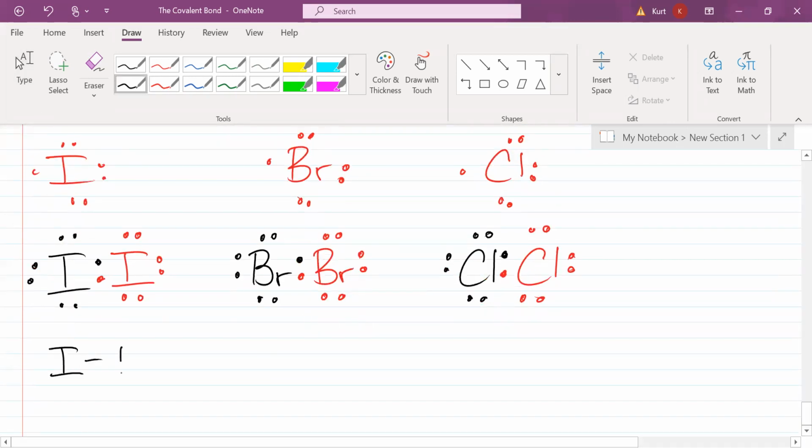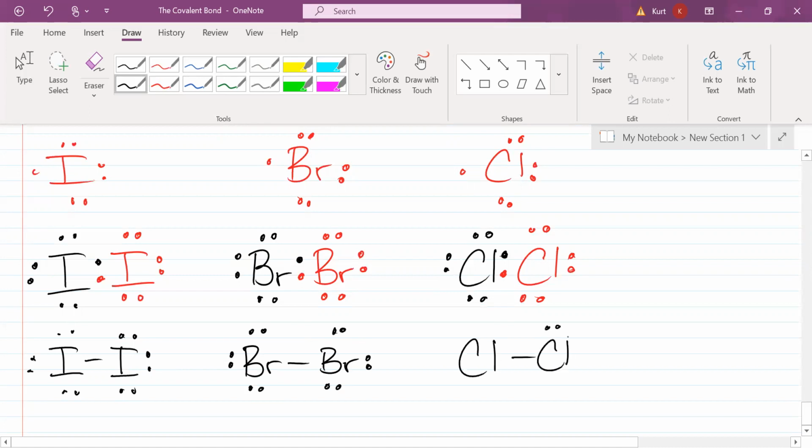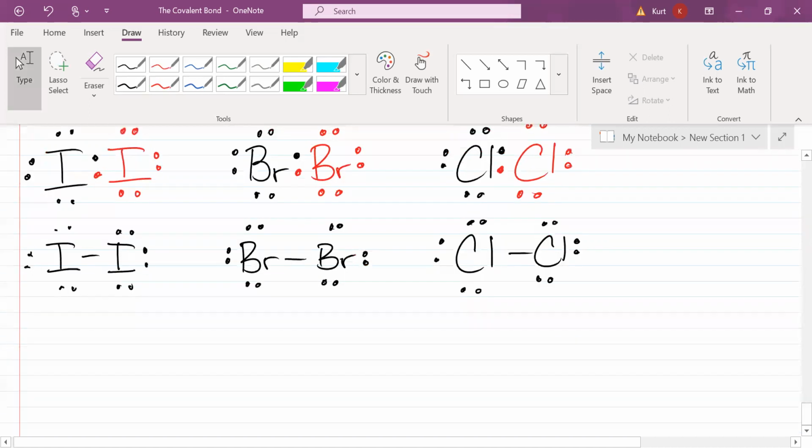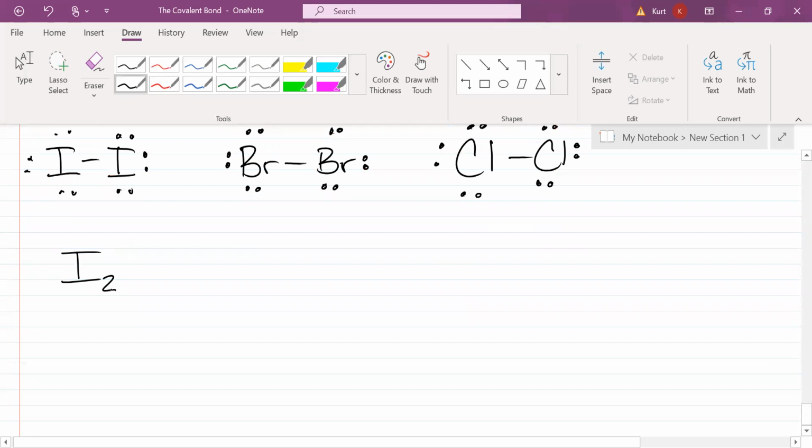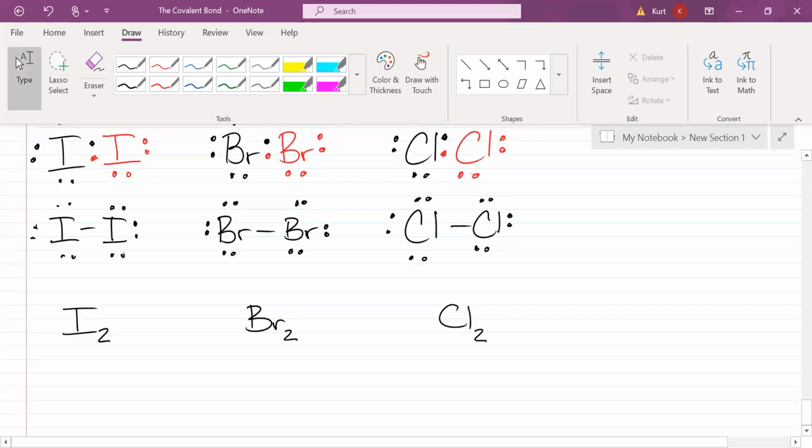Here we have an iodine molecule. It's a single covalent bond. There's a bromine molecule. There's a chlorine molecule. I2, Br2, Cl2. The 2 means that there are 2 bonded together. So this is the have no fear of ice cold beer.